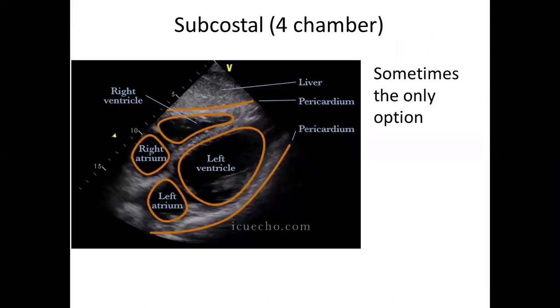Next thing is the subcostal window. As I said, that's sometimes the only option, and let me explain why. As you know, some structures in our body can affect the ultrasonic beam in a negative way in achieving the image.